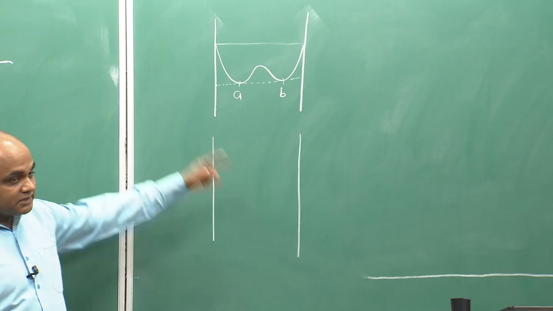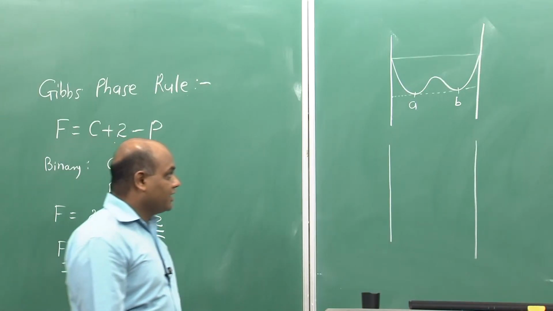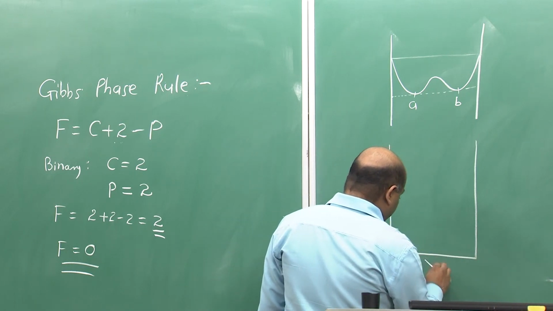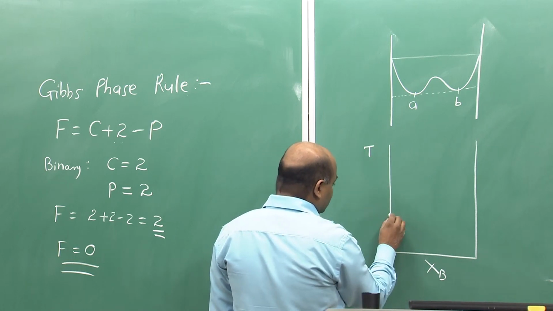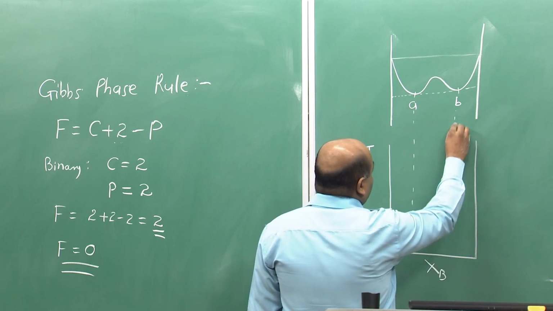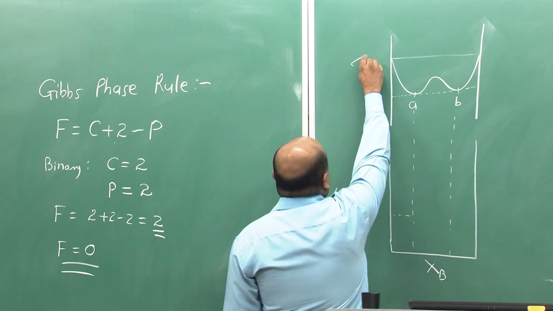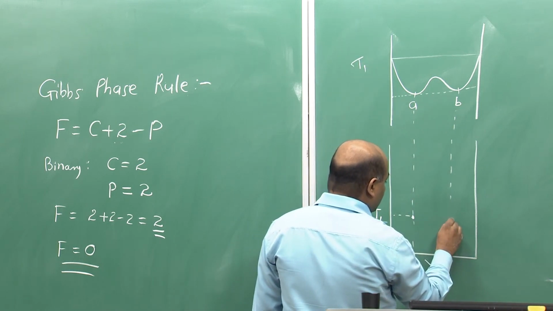So, it is called a miscibility gap, right, the miscibility gap region between A and B. If we plot temperature versus XB, we can plot these compositions A and B. So, let us say this is at temperature T1. So, at T1 we plot these 2 points A and B.